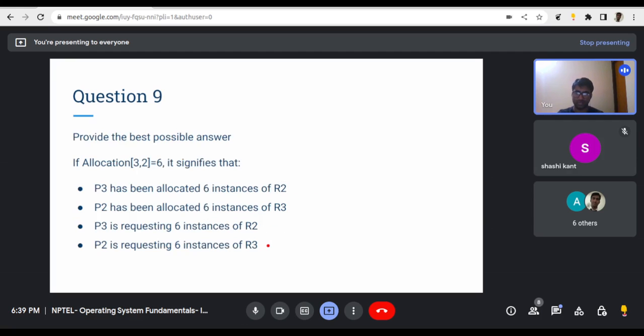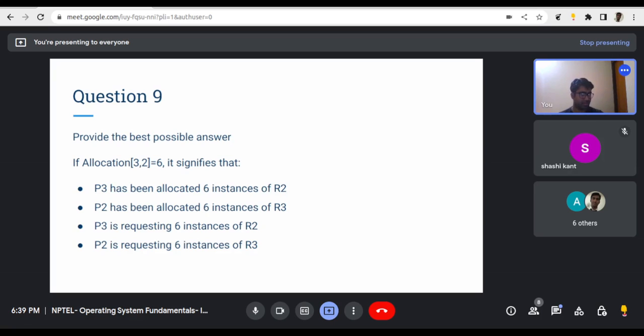Okay, let's go to the next question. It's a simple question now. If allocation of 3,2 equals 6, what does it signify? There is a generic data structure that we are using.